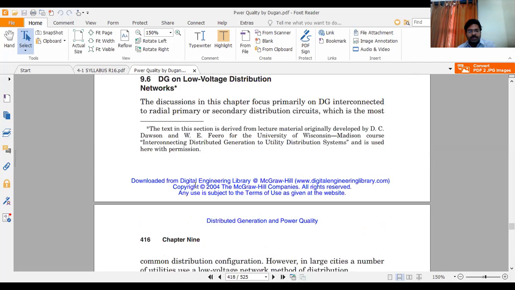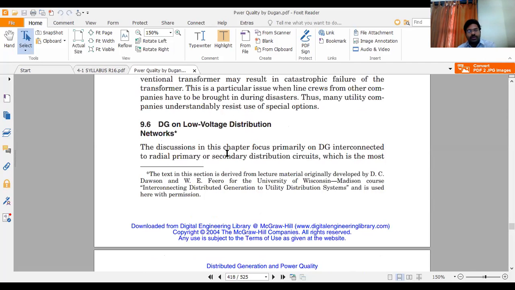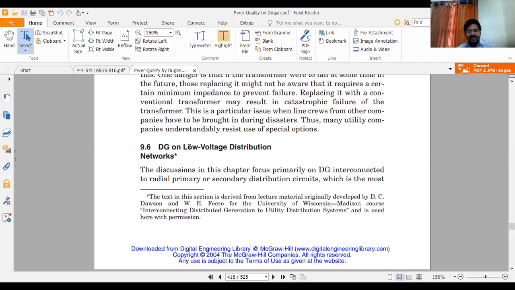Whenever you are adding a DC to the low voltage distribution networks, what will happen? Whether you connect the DC to any distribution system, you have to run a test, a 5% test. Only when that test is successfully done can you add the DC to the system.